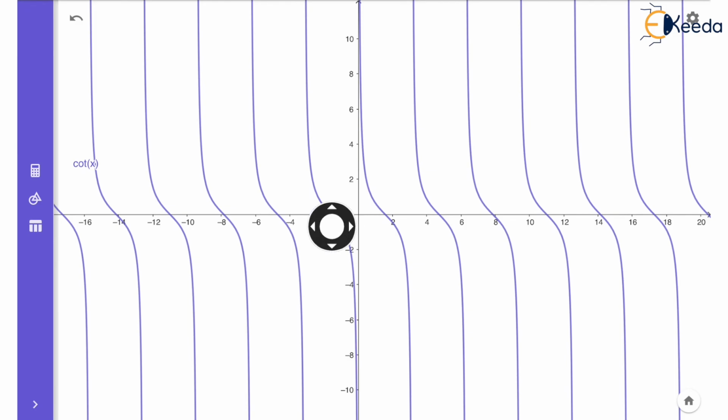Now, this is the graph of y equal to cot x, and we should understand that it will not be defined for all the even multiples of pi by 2. So it starts from 0, to pi, 2 pi, 4 pi, and on the negative side, minus pi, minus 2 pi, and so on.